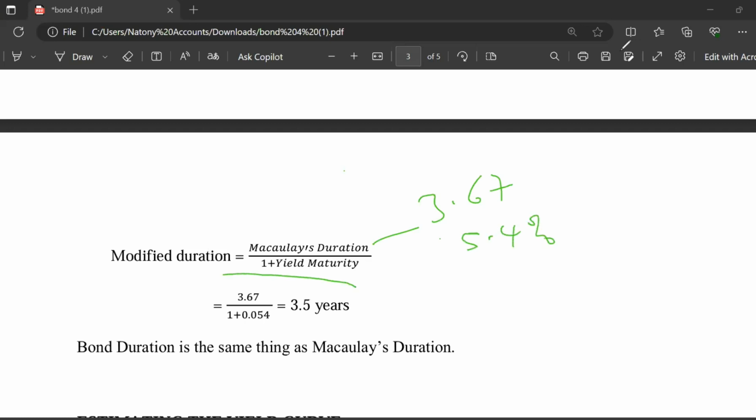So your modified duration becomes 3.67 all over 1 plus 0.054. This is your YTM. So the modified duration gives 3.5 years.